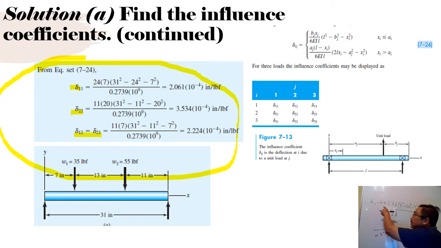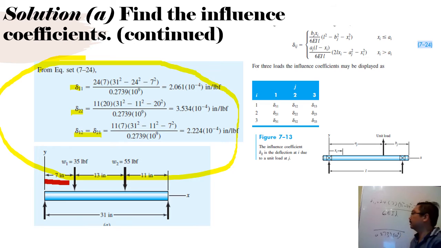I want to tell you how you get 24 and 7 with 31. It is like this. You see in this picture, this part here is number 7.